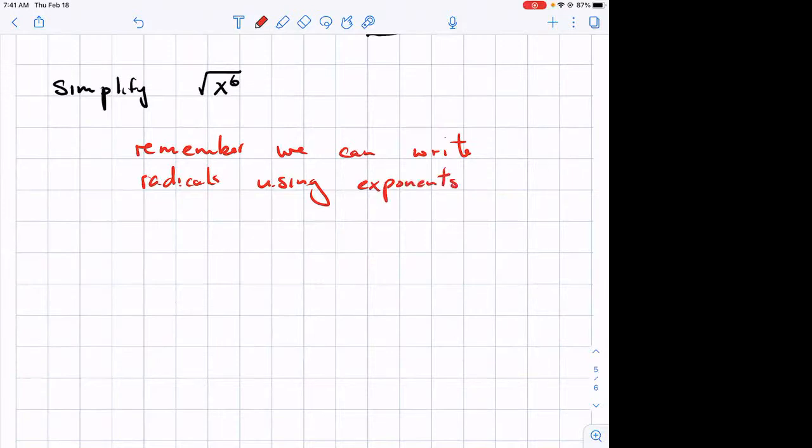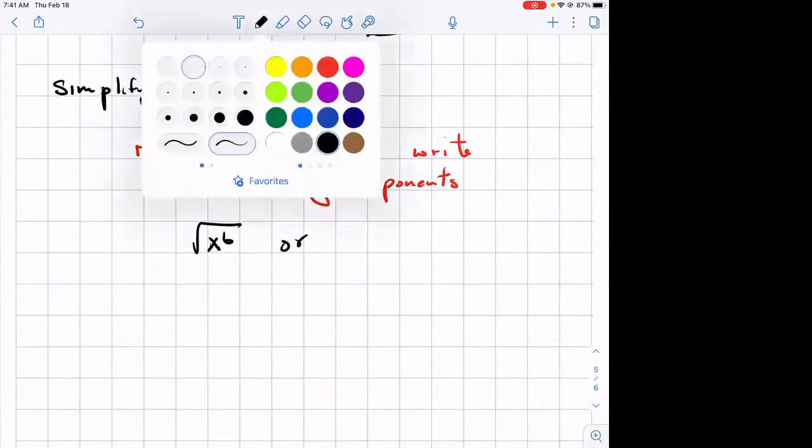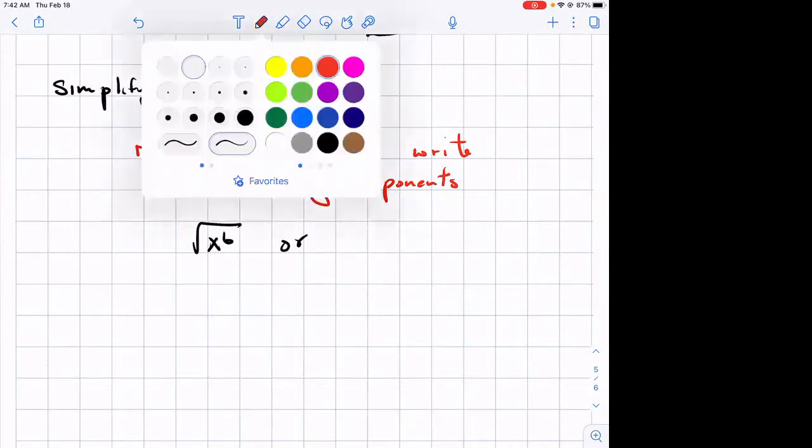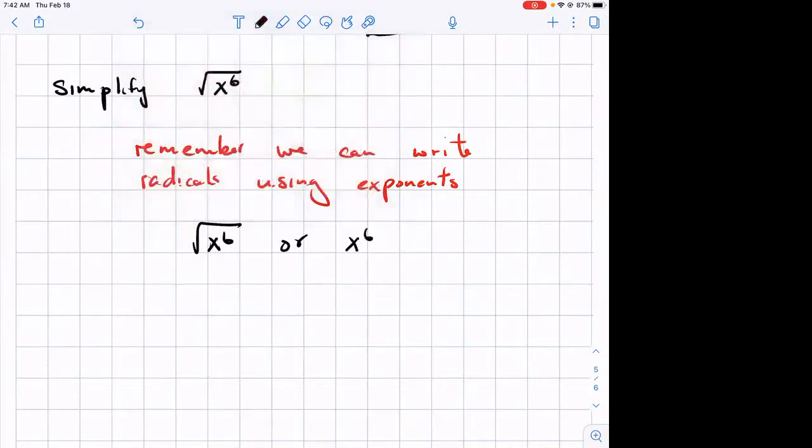So the square root of x to the 6 is the same as x to the 6, and then in exponent form, that's raised to 1/2, because the index here is a 2. That's where I'm getting the 1/2 from.